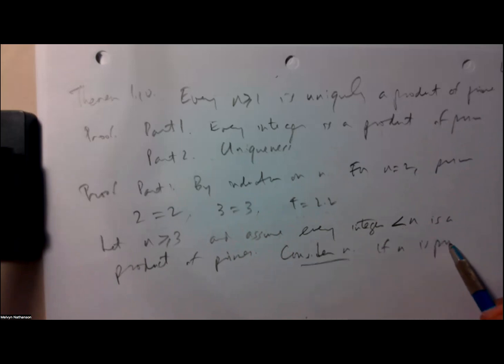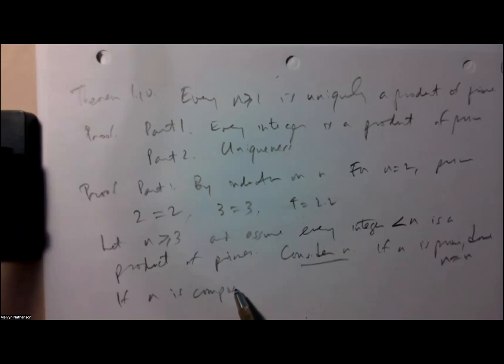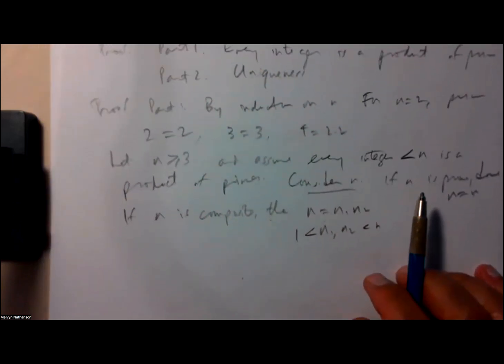If n is a prime number, we're done. n is equal to n. That's a product of 1 prime. Suppose n is composite, what does that mean? If n is composite, then you can factor it. n is equal to n1 times n2, where n1 and n2 are both integers strictly between 1 and n. It's a product of two numbers, n1 and n2, and each of them is less than n.